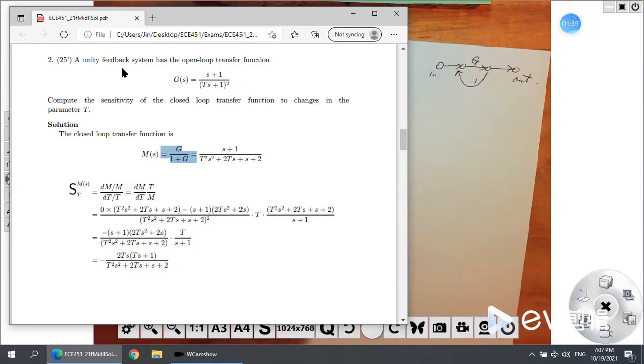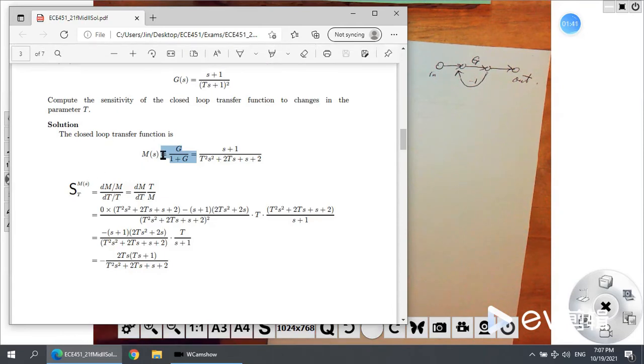Then we need to calculate the sensitivity. After you get M of s, you check the sensitivity of M of s regarding parameter t.